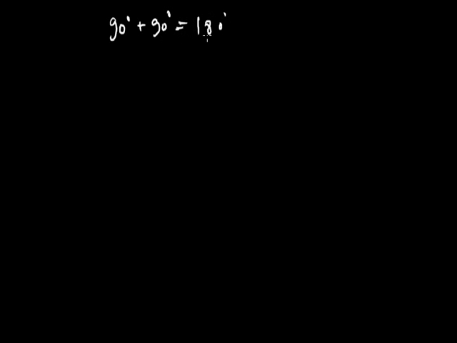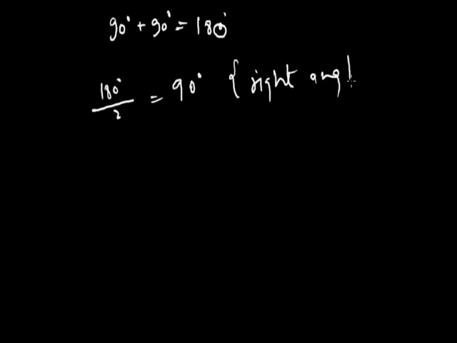As we have defined right angles by dividing a linear pair or a straight angle by 2, so 180 degree divided by 2 is 90 degree, and the definition for right angle is the angle whose measure is 90 degree. So two right angles are always supplementary to each other.